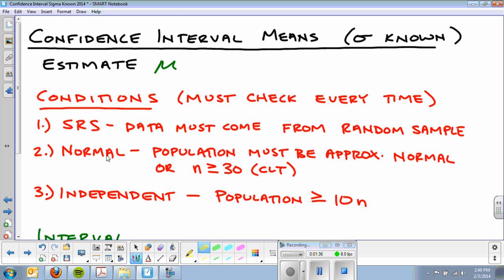The population must be approximately normal, or n is greater than or equal to 30, and that goes back to the central limit theorem. Even if we've got skewed original data or population data, if we take samples that are bigger than 30, then it'll still be approximately normal and we're okay. And independent, again, is population greater than or equal to 10n.